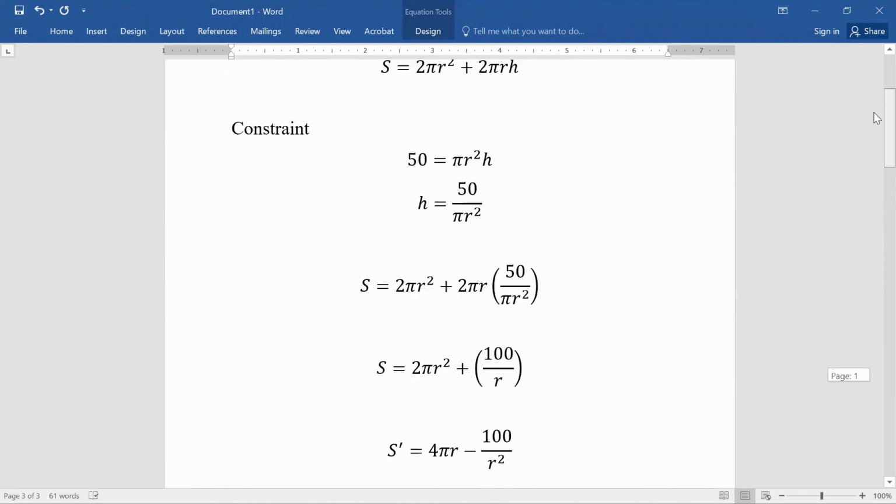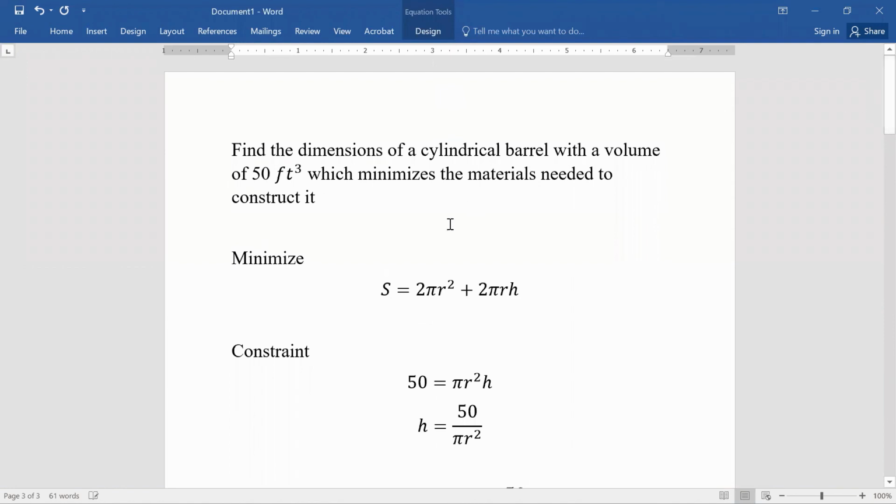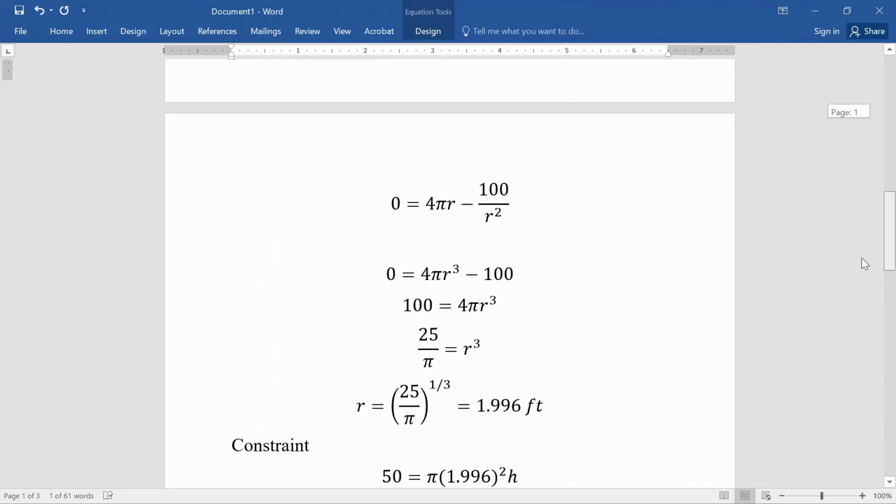So you can see that this type of thing comes from minimizing a surface area, which is a geometric formula, with a constraint, which is a volume, essentially, formula.